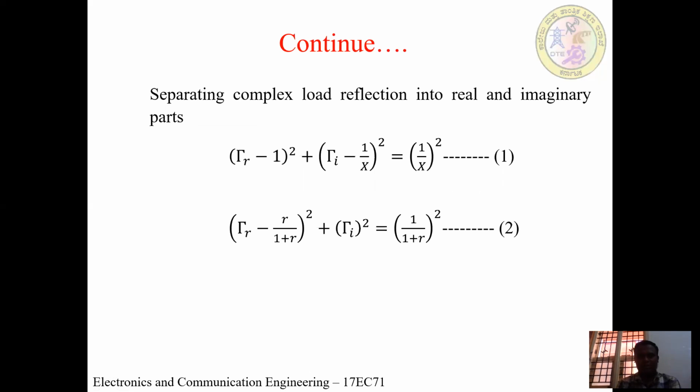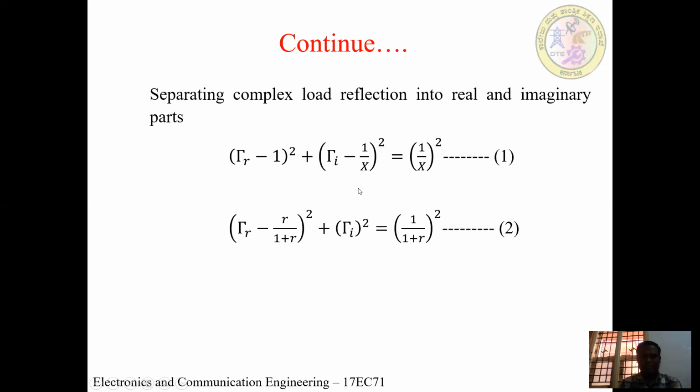When I do that, the generalized equation can be written in this form: (gamma r minus r divided by 1 plus r) whole square plus gamma i whole square is equal to (1 divided by 1 plus r) whole square. Here gamma r is the reflection coefficient part and gamma i is the incident part.